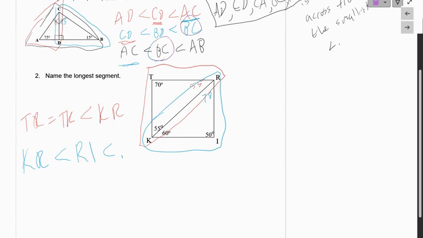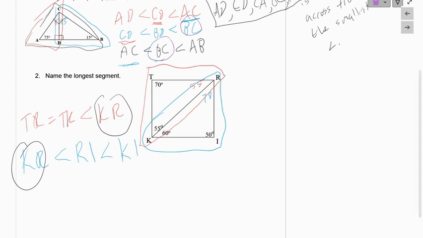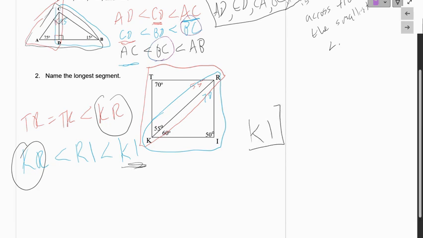There's always going to be some connection between our inequalities when we write this, and you'll notice KR was the biggest in the first triangle, but it's actually the smallest in the second triangle. So if we want the longest segment, it's going to be KI. That's our answer for this one.